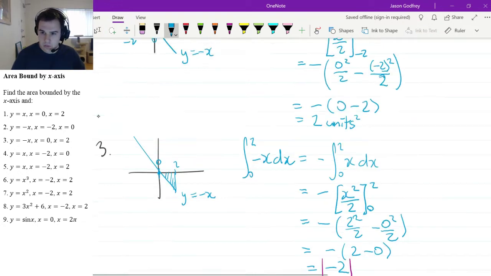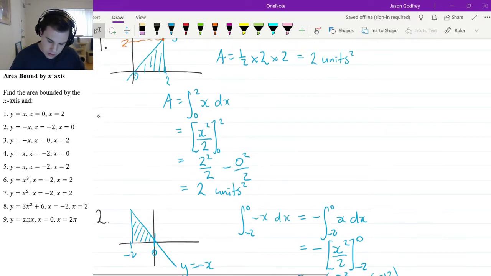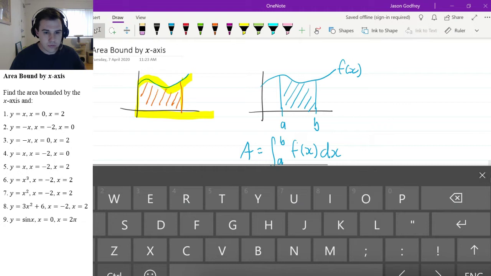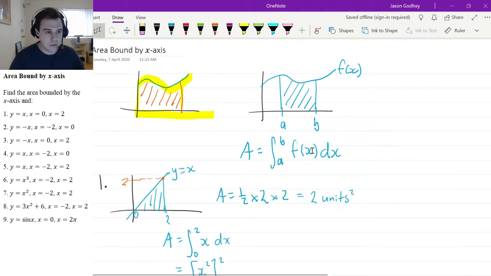Right, so if we go back up to the top, let's just modify what we set up here. The area of a curve from A to B is actually going to be the absolute value, which if it's above the x-axis, is not going to make a difference, because it'll already be positive anyway.